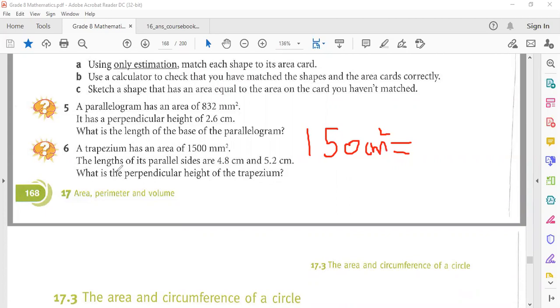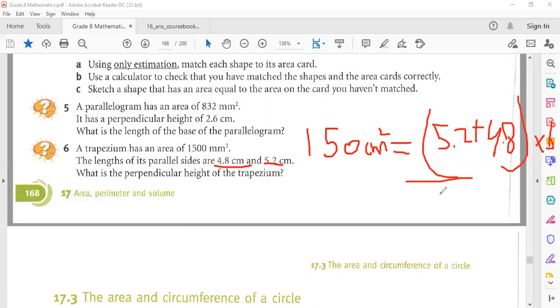Now, the length of its parallel sides is equal to 4.8 centimeter and 5.2 centimeter. So one parallel side is 4.8 and the other is 5.2. Plus 4.8, multiplied by height, divided by 2.